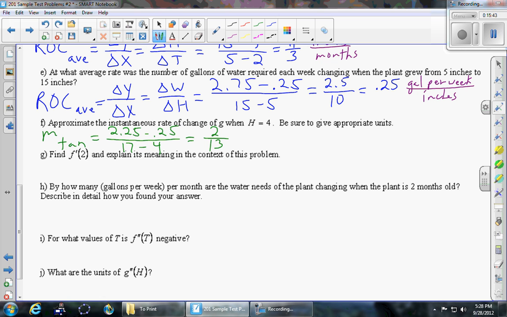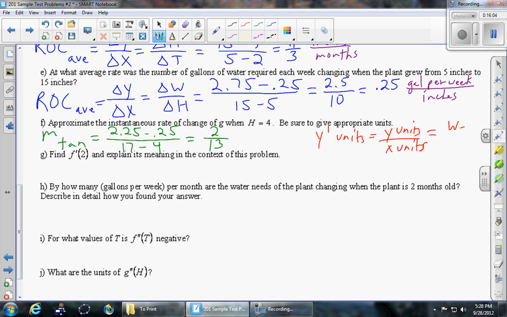It says include appropriate units. So remember, the units for the derivative are always the, I'll write this over here. So the y prime units are always the y units over the x units. In our case, we don't have x and y.